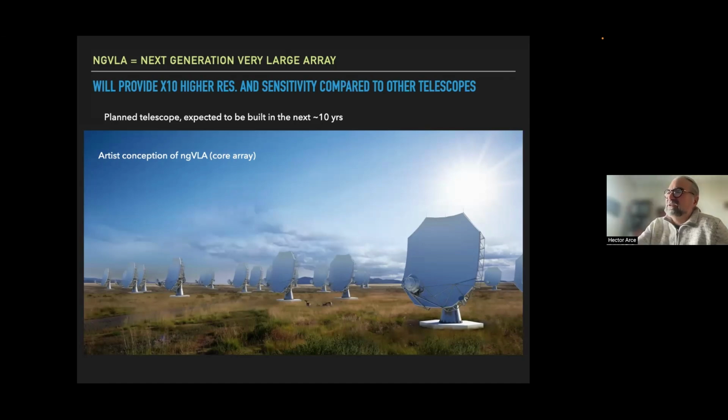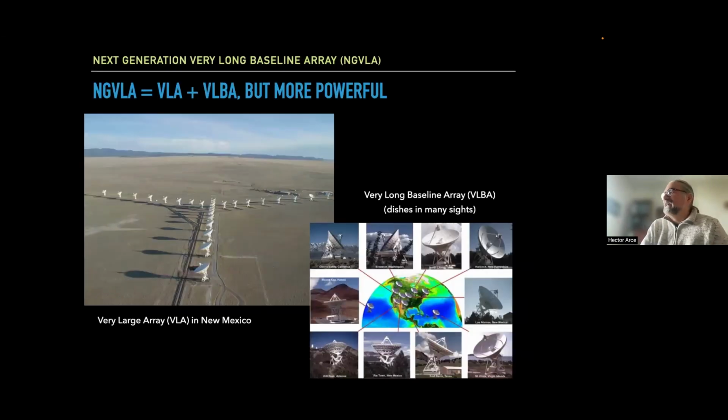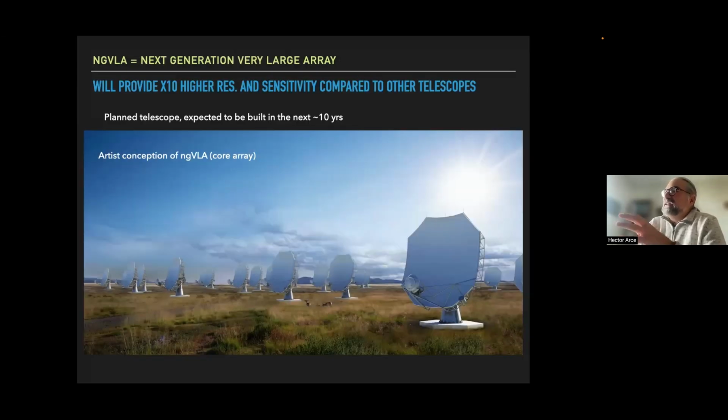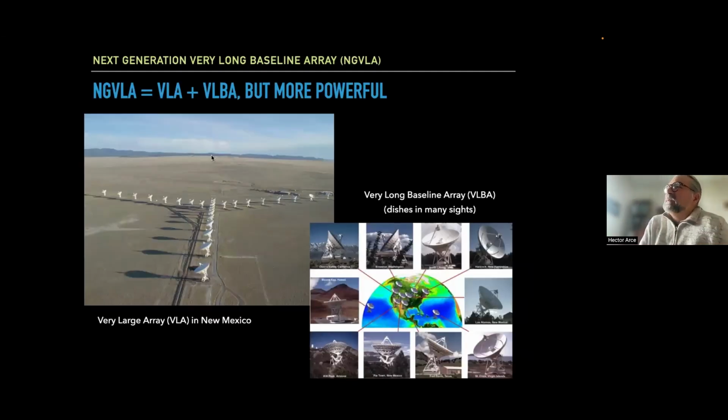Here's an artist's conception of the core of the NGVLA. The NGVLA will be made of many different antennas. It will be an interferometer of 200 or so antennas. This is just the core because the NGVLA will be a much more powerful telescope than the VLA, which is shown here, the Very Large Array in New Mexico, and the VLBA, which is the Very Long Baseline Array.